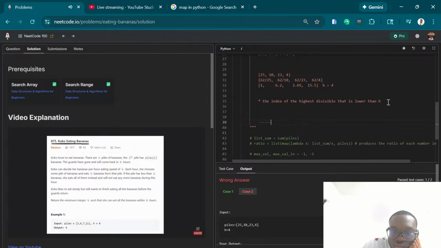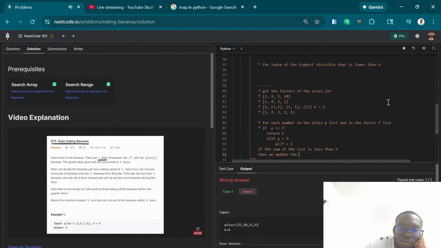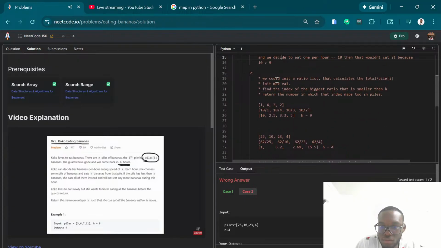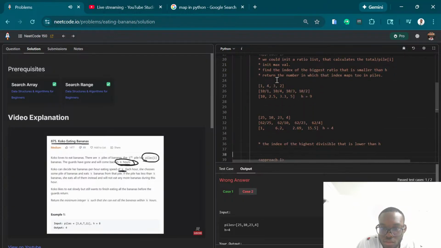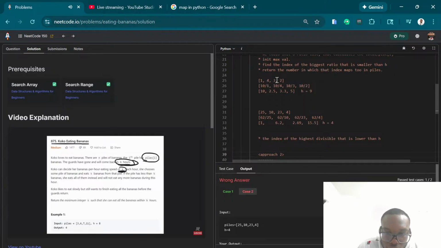So Coco loves eating bananas, and we have n piles of bananas given to us in a piles input array. We're also given a second parameter, h, which is the number of hours that we have in order to eat all of the bananas. So we have to eat them within h hours. And so Coco has a certain eating speed where she can eat a certain number of bananas per hour, and that variable happens to be k, and k is not an input variable.